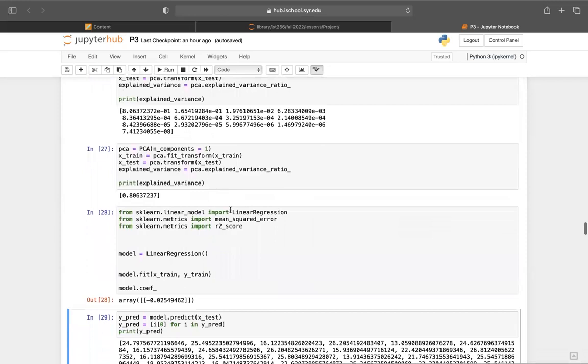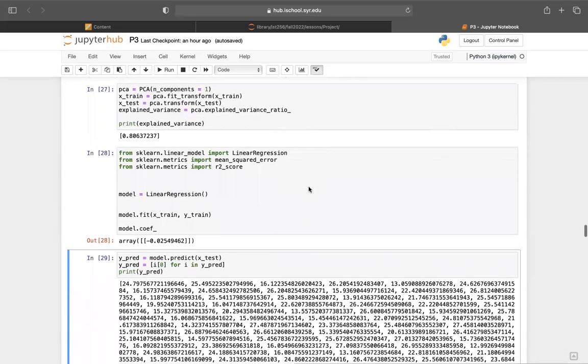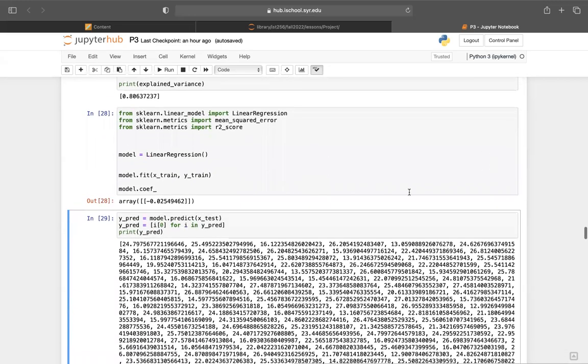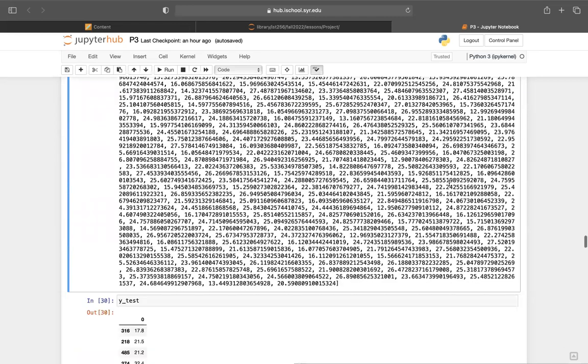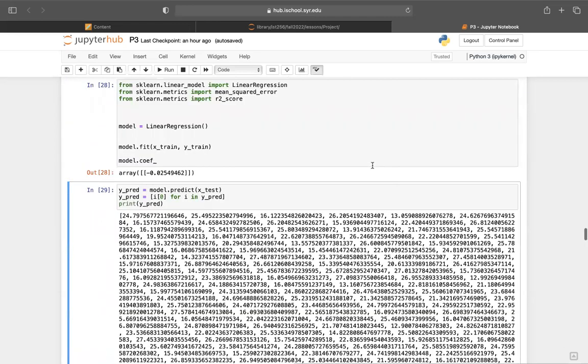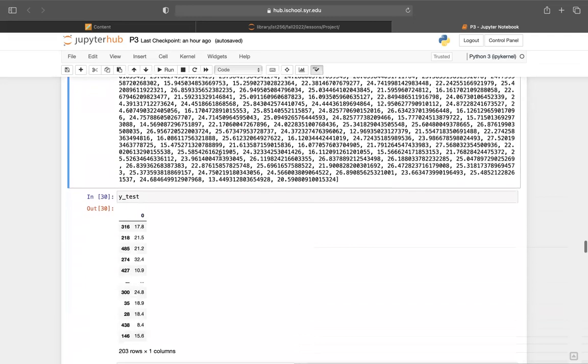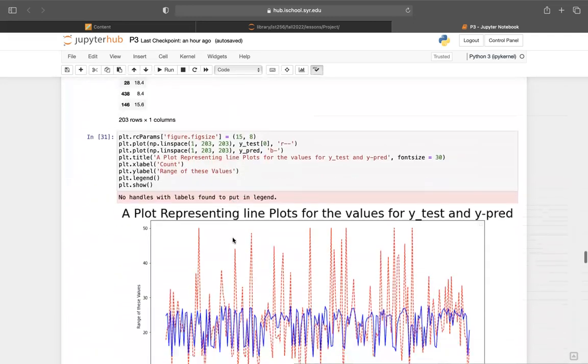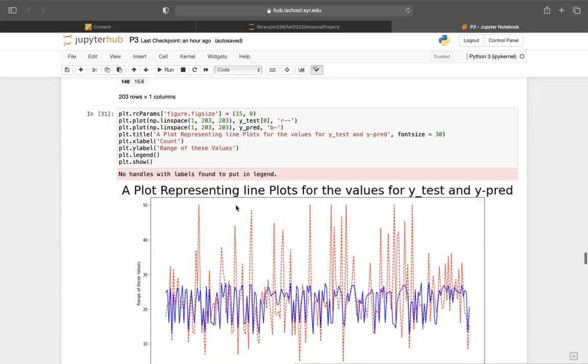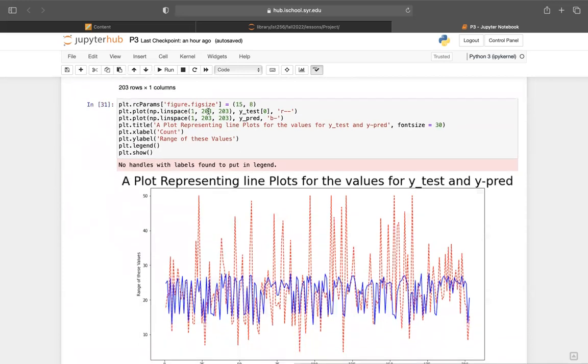Firstly we use linear regression to analyze it, to see the way of modeling and which one is better, with the Y prediction and the Y test. Then here's our graph for modeling, the Y test and the Y prediction.